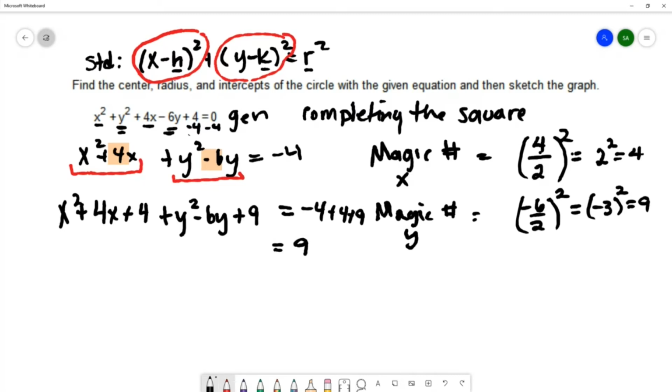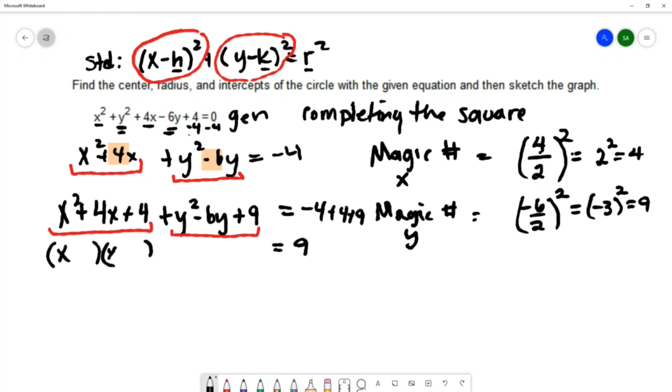And then once again, we have our x group and our y group. And in our x group, that magic number now made this a trinomial, which will factor. And not only will it factor, it's going to factor into a perfect square. So this x squared plus 4x plus 4 will factor.